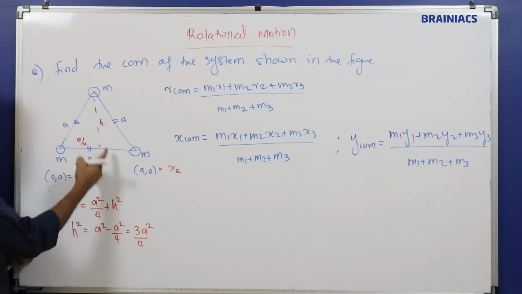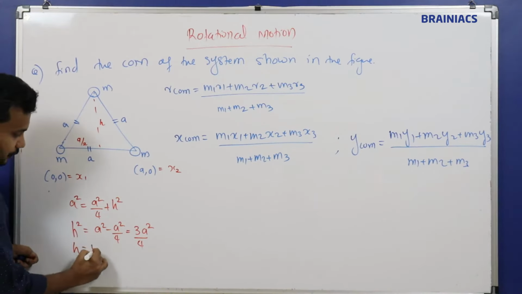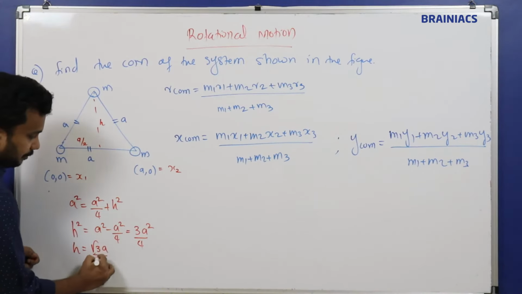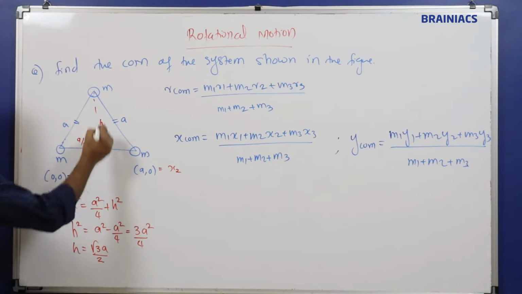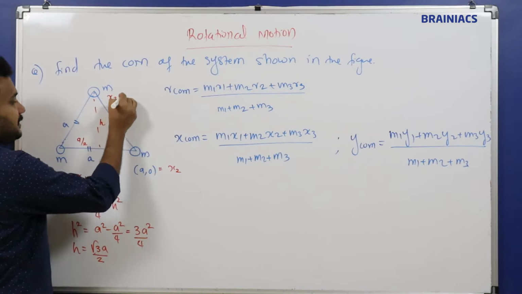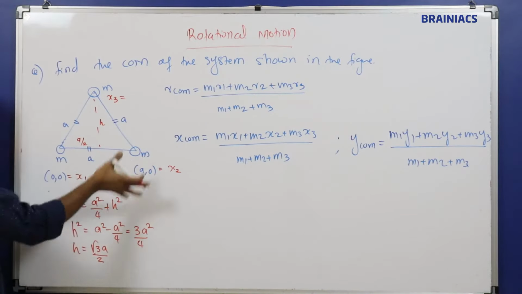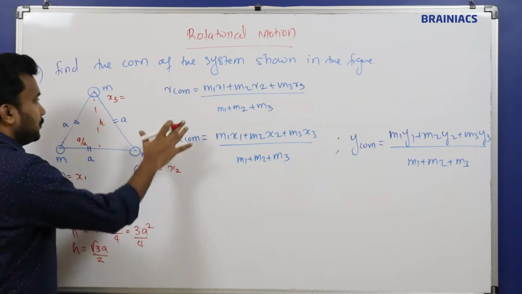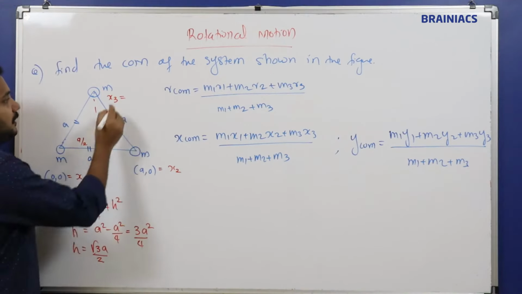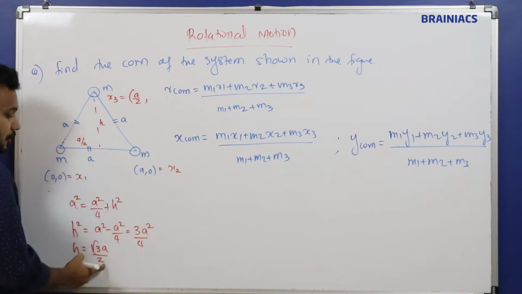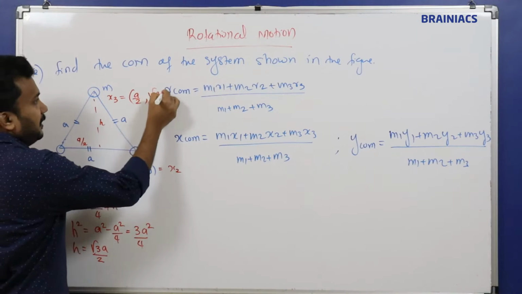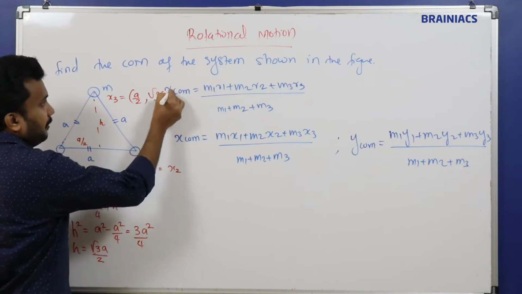We need h, so h is equal to root 3a by 2. So we got root 3. Whatever I have written in red color is not given in the question; we are finding it out. So x3 has x coordinate a by 2, and y coordinate root 3a by 2.